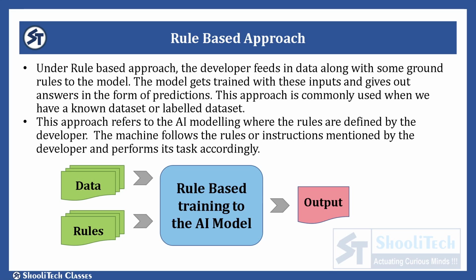One is the data and the second is the rules that the model has to follow to take any decision. That means all the rules for taking any decisions are pre-decided by the developer. Then he trains the model with the data and these rules. And finally, the model predicts the outcome.